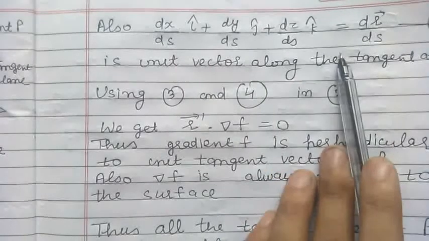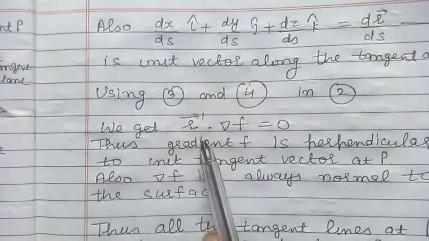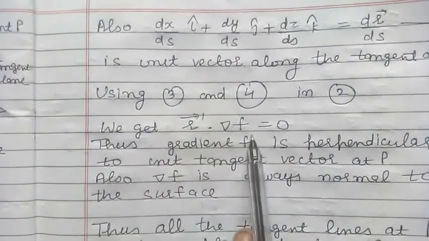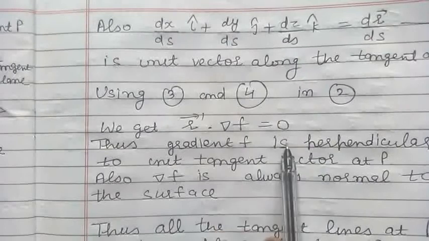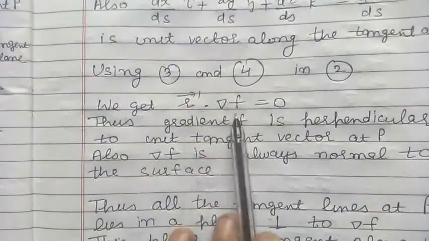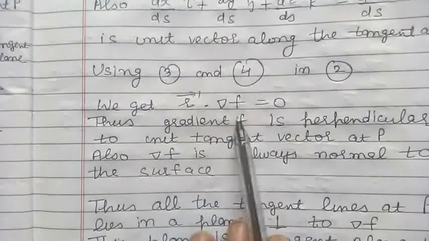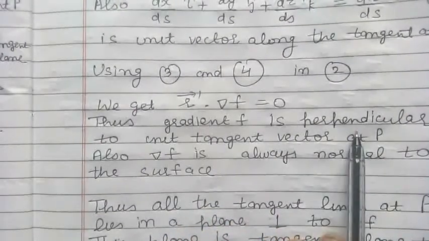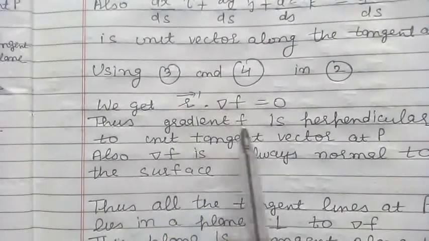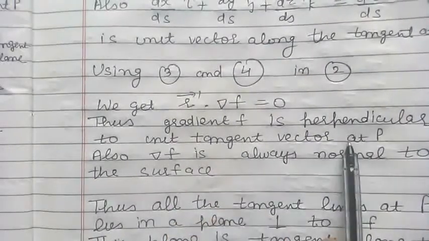Now using these in equation 2, the first term becomes the unit tangent vector r dash and the second is the gradient f. Their dot product is 0, and you know if two vectors have their dot product equal to 0, then the vectors are perpendicular. So the vector r dash is perpendicular to the gradient f.